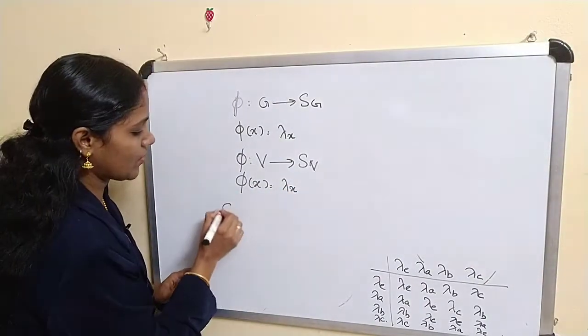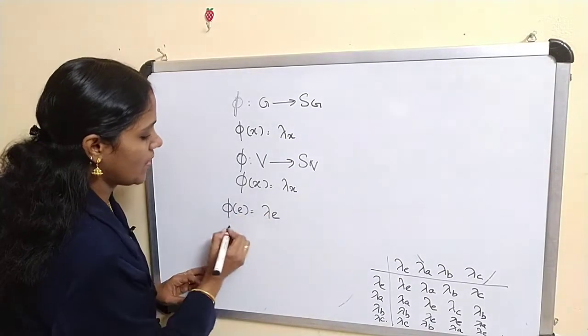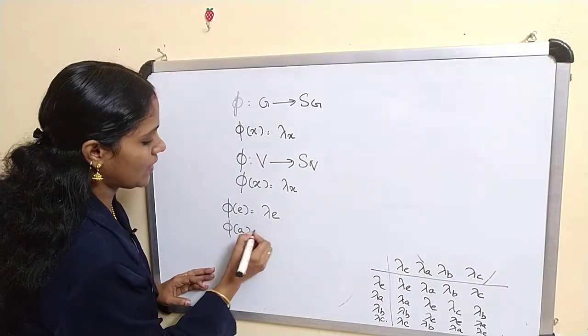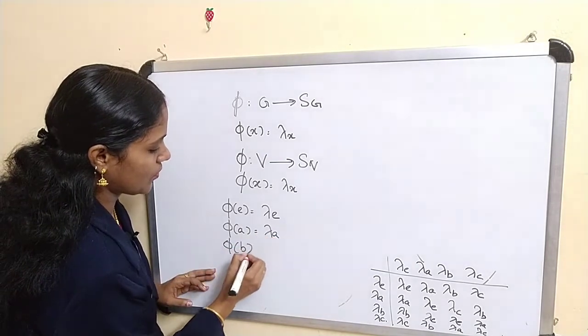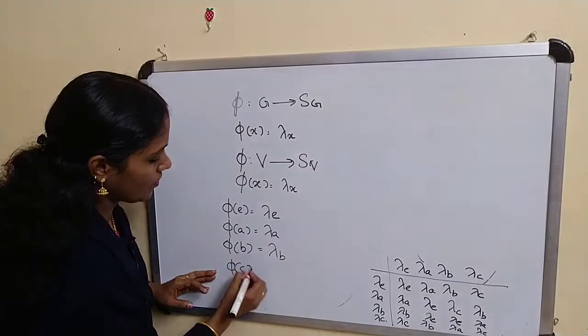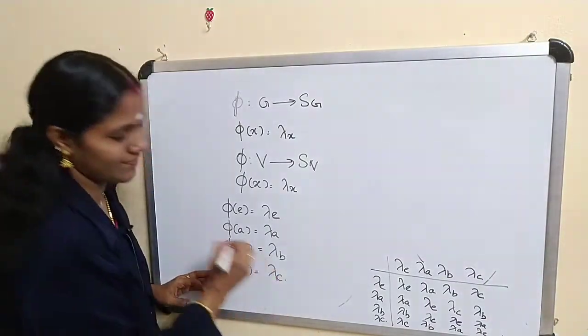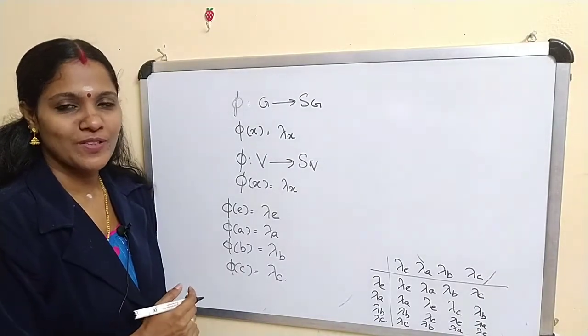Therefore phi of E equals lambda E, phi of A equals lambda A, phi of B equals lambda B, and phi of C equals lambda C. These are the left regular representation of a group G.